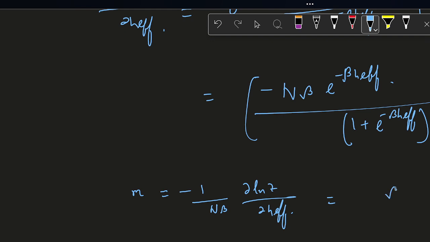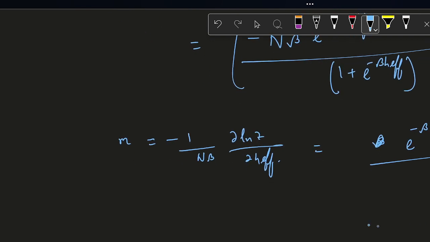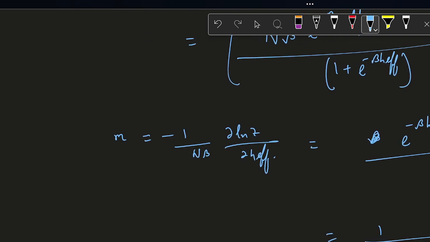So it is just e to the power minus beta h effective divided by 1 plus e to the power minus beta h effective. This we can further simplify as 1 by 1 plus e to the power beta h effective. So this is your final average magnetization or average spin m, which actually matches with the given option.